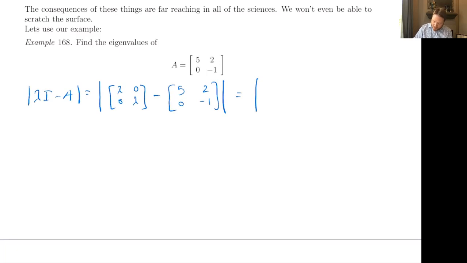Now, as you can see, on the diagonal, it's going to be lambda minus that entry, and then lambda minus the entry. And then off the main diagonal, you just make it negative. So negative 0 is 0, and negative 2 is negative 2. So off the diagonal, that's what I get.